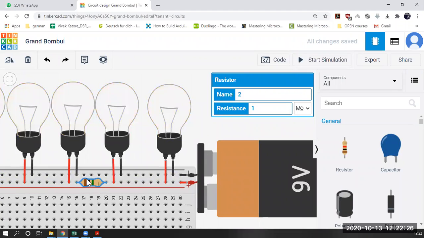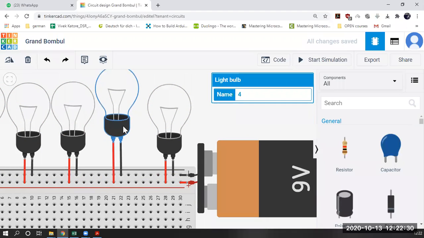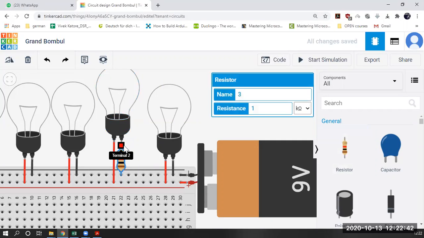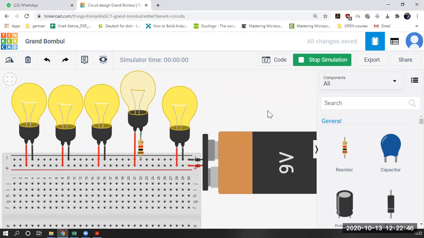All right, because I have to connect it in a parallel fashion actually. Every bulb will need that resistor because there is one concept of series and parallel connection.